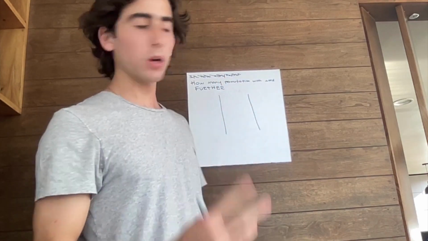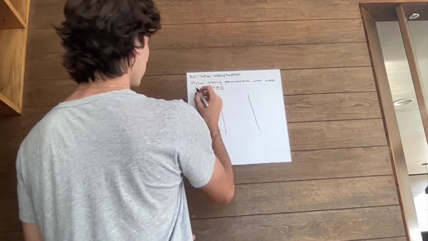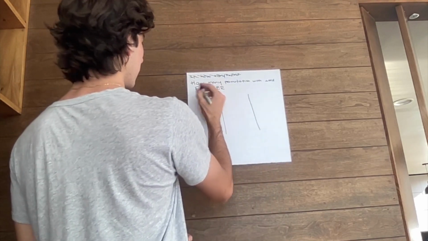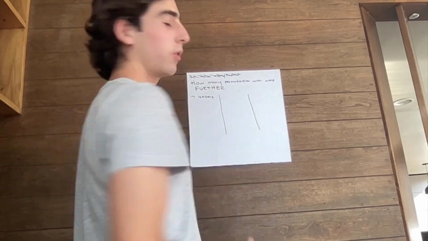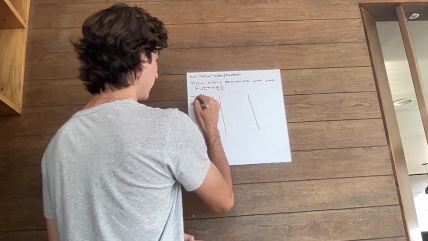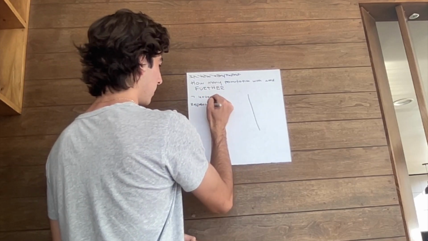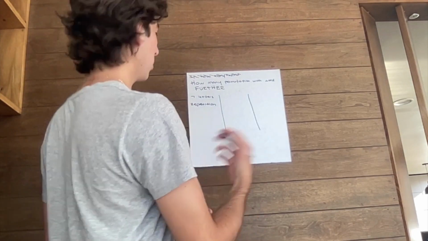It's a 3-column work, and now we can add what we know. So it has 1, 2, 3, 4, 5, 6, 7 letters. We know there's repetition because the R's repeat. And it's a permutation because the order matters.